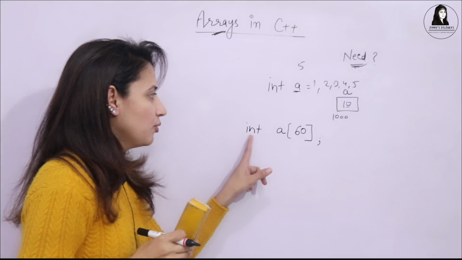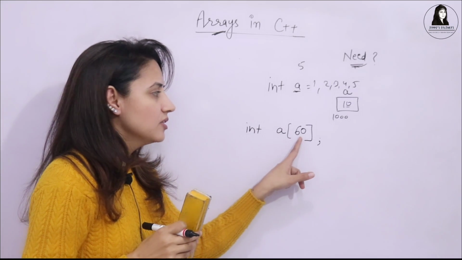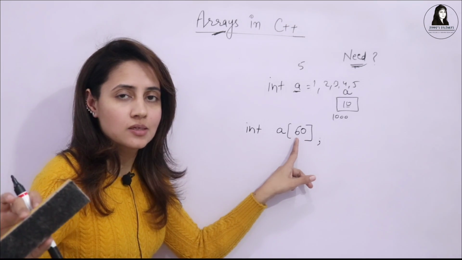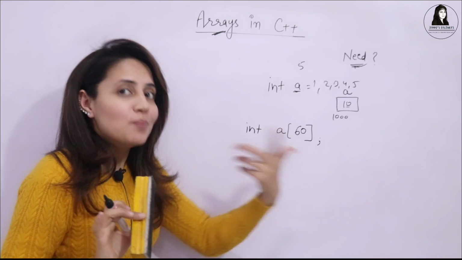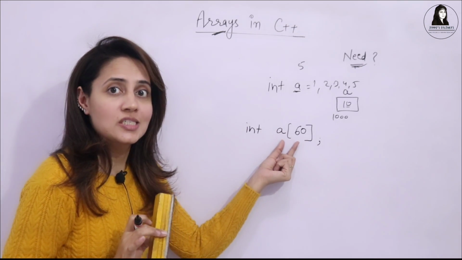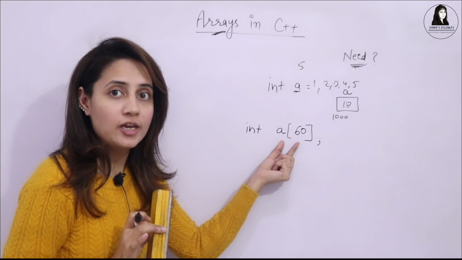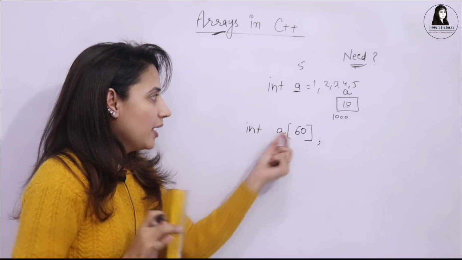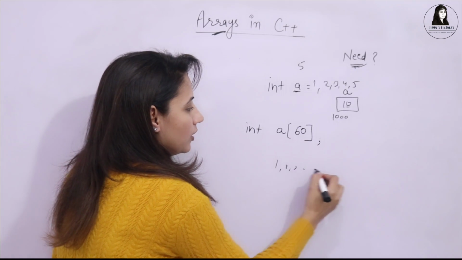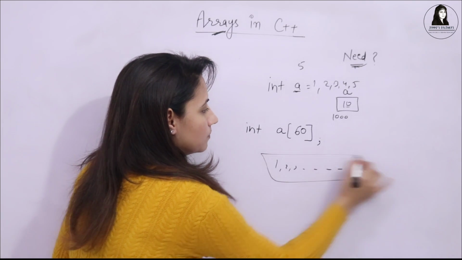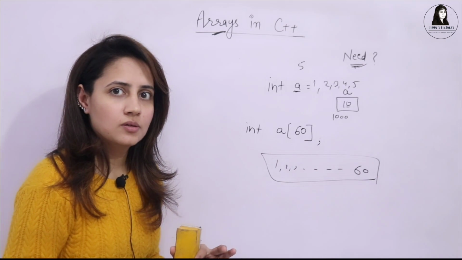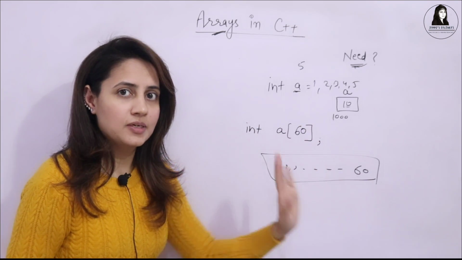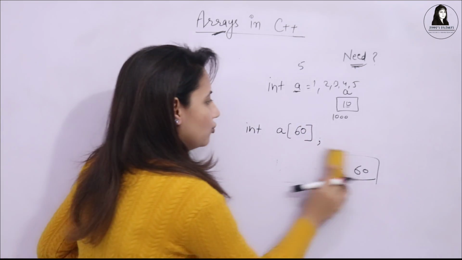This is the data type of the array, the name of the array, and this is the maximum number of elements this array can store. Not maximum value, maximum number of elements. 60 values this array can store, right? So under a single variable name, I can store 1, 2, 3 up to 60 roll numbers. One thing is how to access these roll numbers, that we'll see later. But till now it is clear, right?